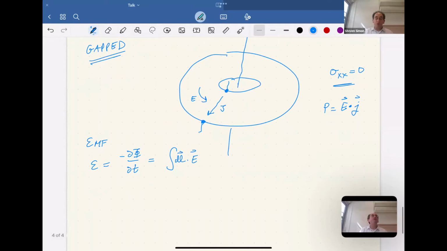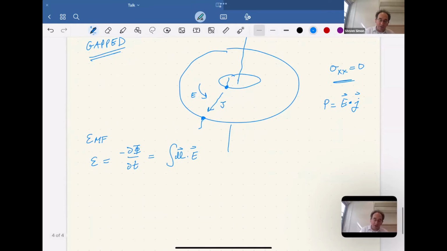So how much current runs? The current in the perpendicular direction is going to be, we'll put the minus sign there, the Hall conductance times the EMF, and we'll write that as the Hall conductance times d phi dt.